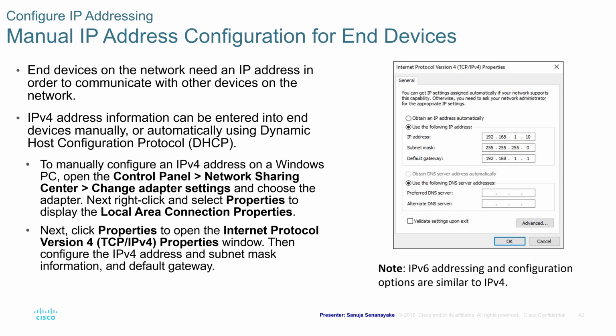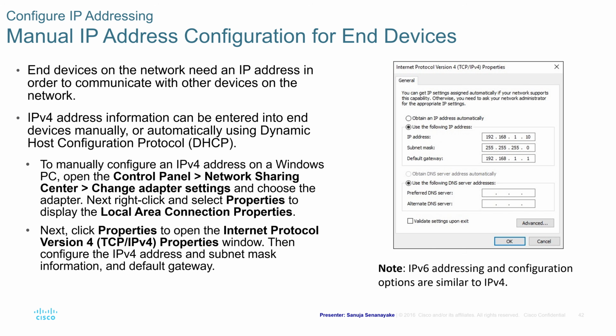Typically, the servers containing services such as web services and email services, for example. The end devices on the network need an IP address in order to communicate with each other on the network. So an IP address is like your home address. By knowing your home address, I would know where you live on a Google map, for example. An IP address does exactly the same thing, but for network devices.